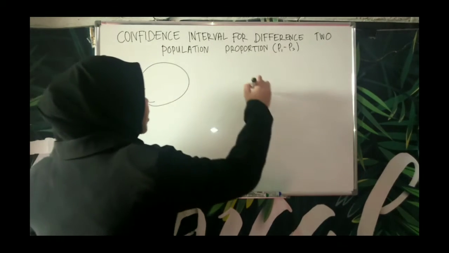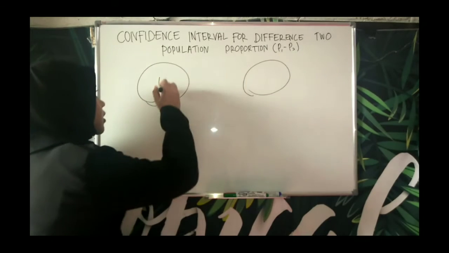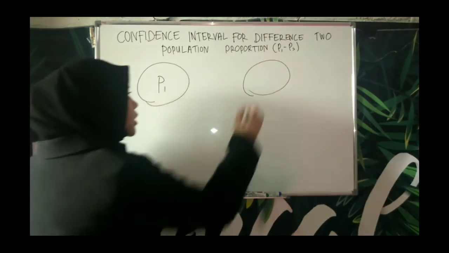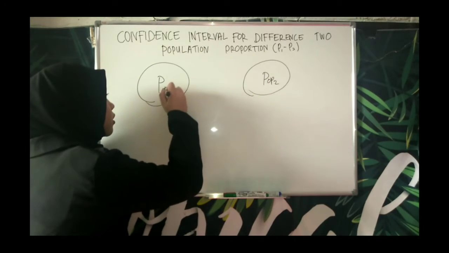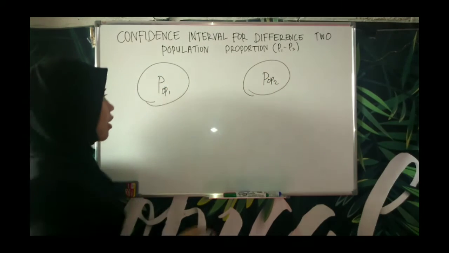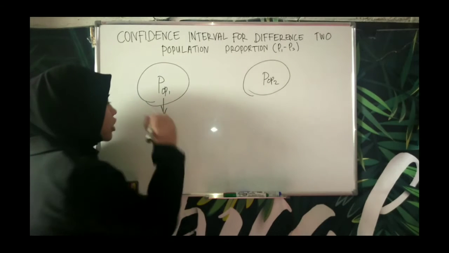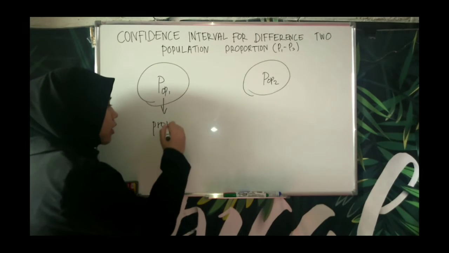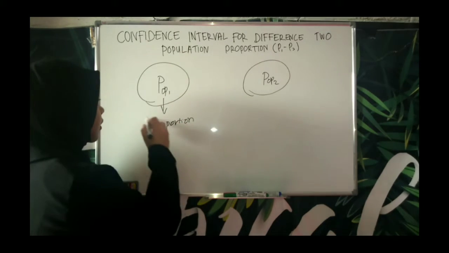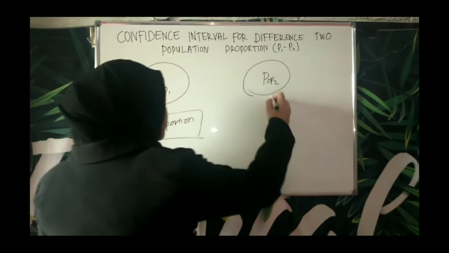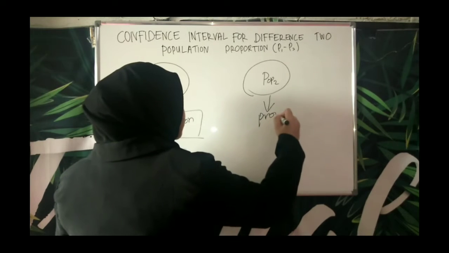This is population 1, and this is population 2. In these populations, you have a proportion.